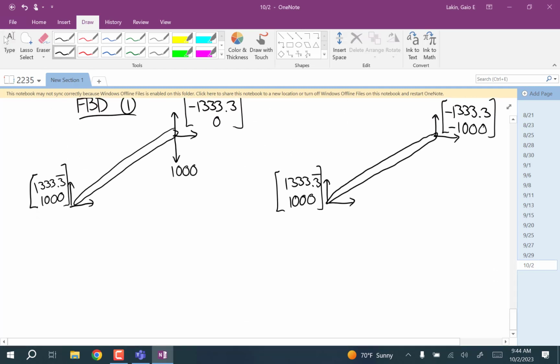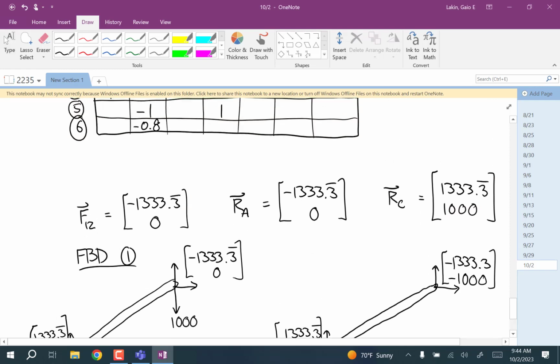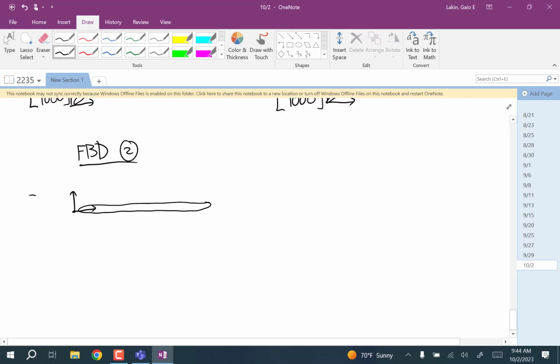And free body diagram of body 2. You have RA over here. That's negative 1333.3 repeating, 0. Over here, it's positive 1333.3 repeating, 0. So this member is in tension.